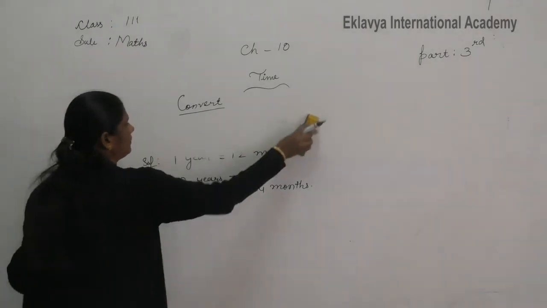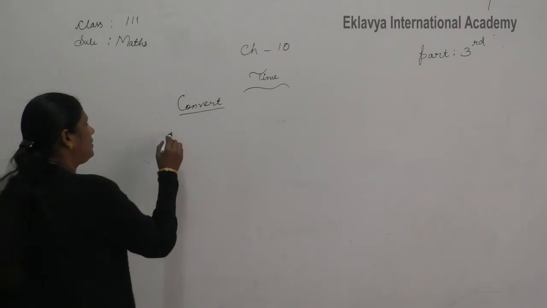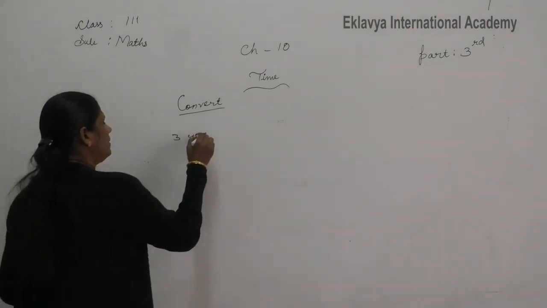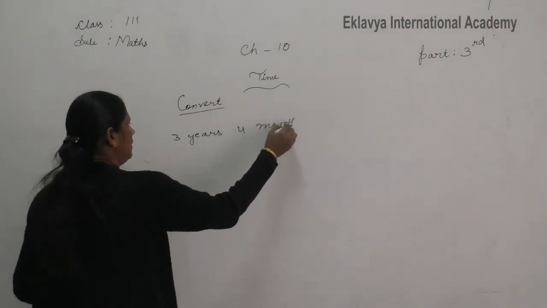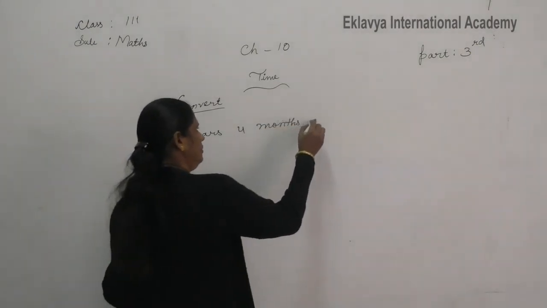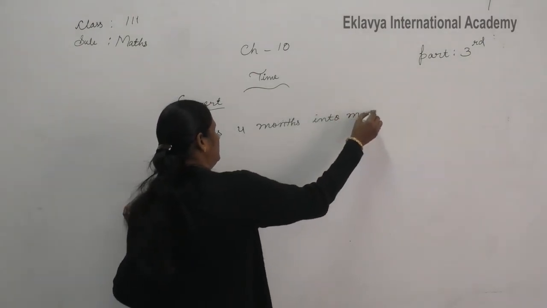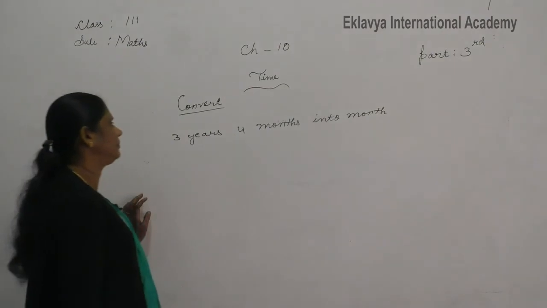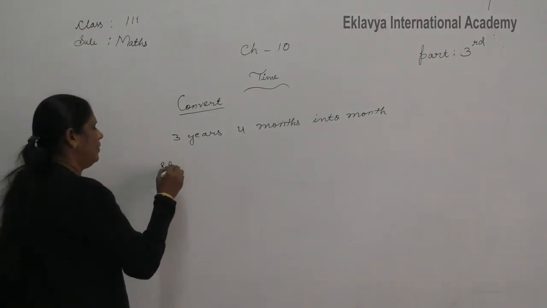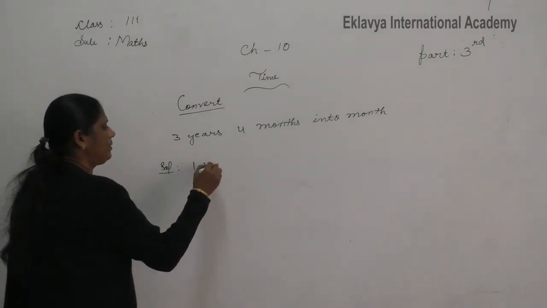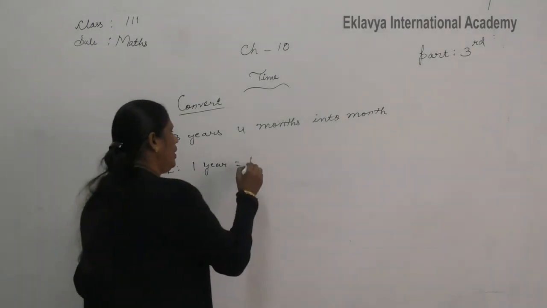Next, 3 years 4 months into months. First solution, 1 year is equal to 12 months.